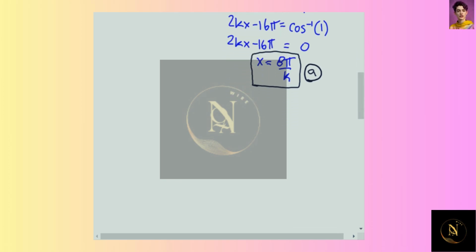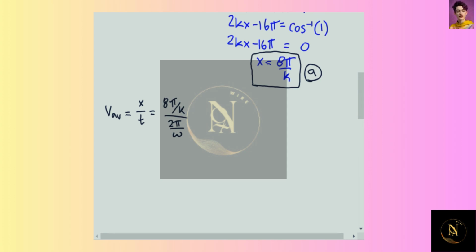Moving on to part B, the question is asking what our average speed is. In order to find average speed, we can recall that speed is distance over time. Our distance that we just solved for is 8 pi over k, and our time is still 2 pi over omega, which was given in the problem.